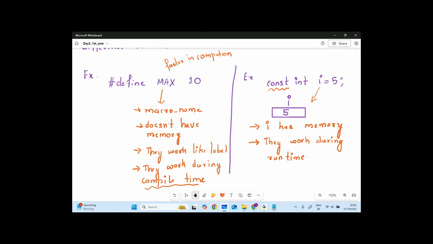Macros are better during compilation. Generally we prefer #define macros over the constant keyword. We always prefer defining it as a macro rather than a constant variable. Are you clear, Sanjana? Okay, so everybody is clear now.